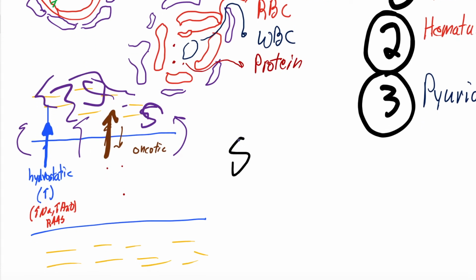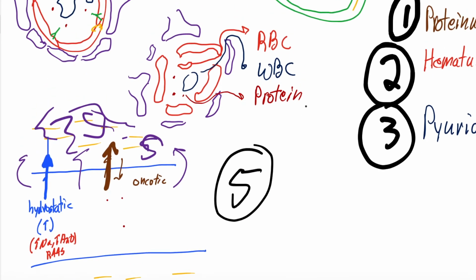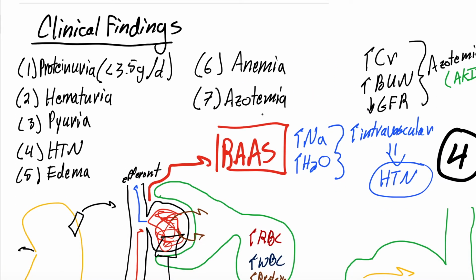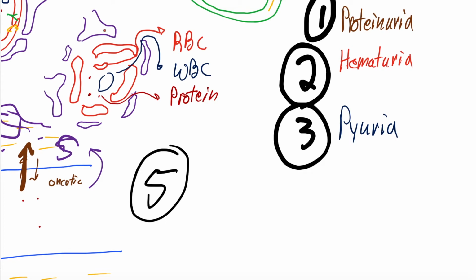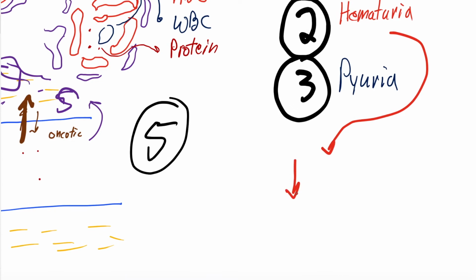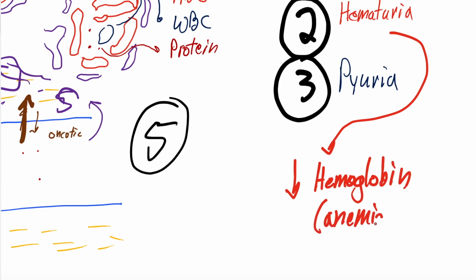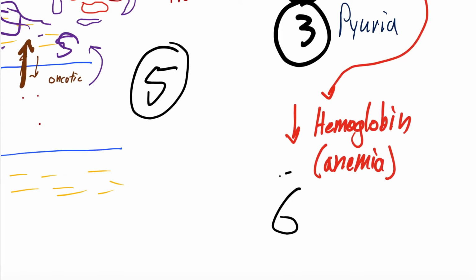And then last we have number 6, anemia. This is a somewhat simple one because it's directly related to the blood in the urine. Sometimes you can have so much hematuria that we have a decrease in our hemoglobin peripherally, which is obviously termed anemia. All right, so this is number 6.